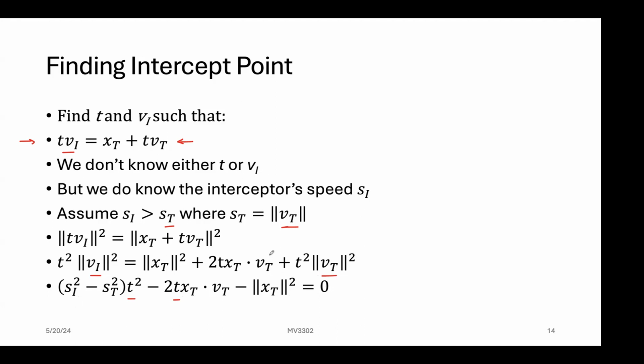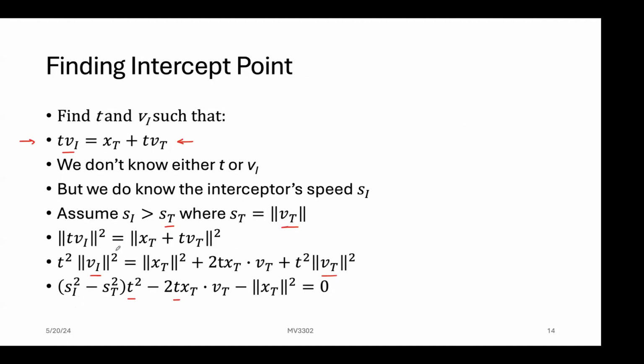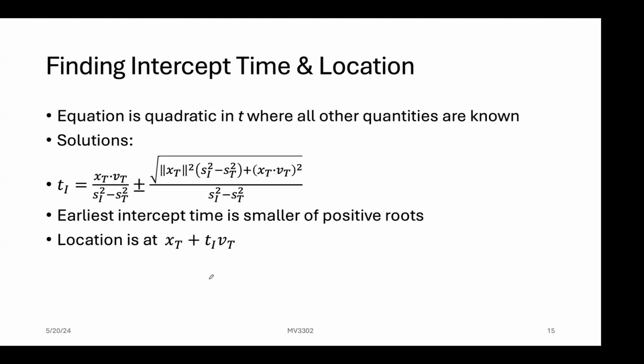Now this is a quadratic equation, and everything in it is known. If we unravel that, the solution has no negative here, just because we moved everything over to the other side. Remember, we assumed that we were faster, so this is a positive quantity, and everything inside is a positive quantity.